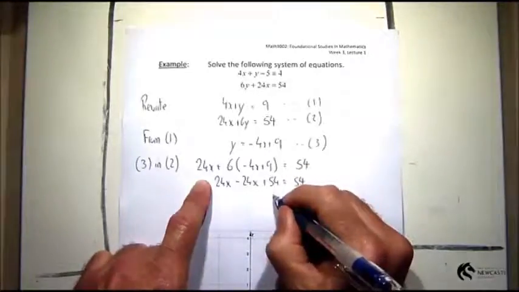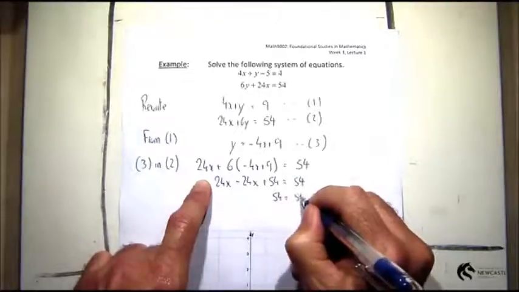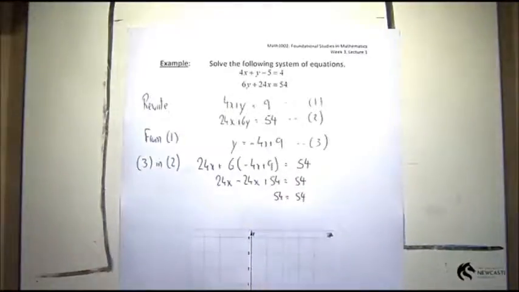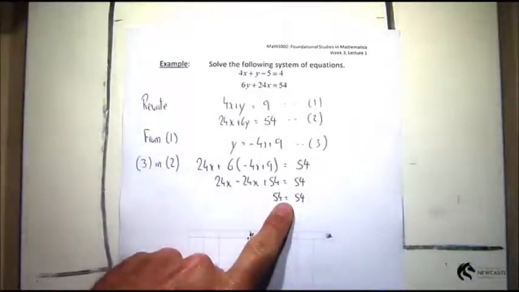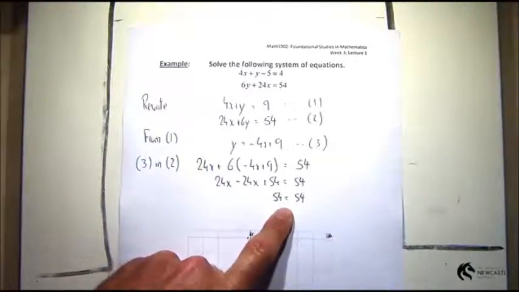So what I end up with here is 54 has to be equal to 54. And what that says is it doesn't matter what value of x you choose, that's going to be true. So this one has an infinite number of solutions sitting in here.